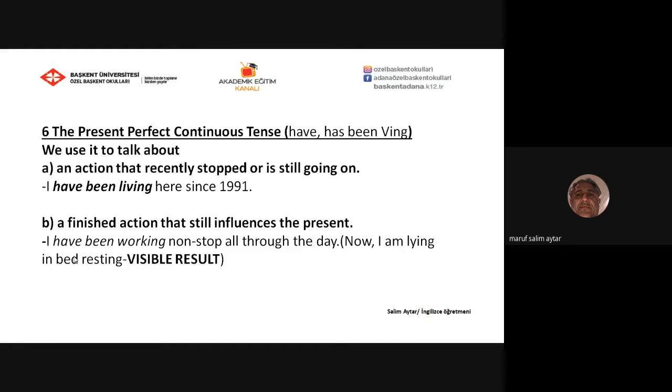As a result of this, I'm tired now, and therefore I'm lying in bed resting. We can easily talk about a visible result of the action. I've been working nonstop all through the day. As a result of this, now I'm tired. That is the visible result, and I'm in bed resting.